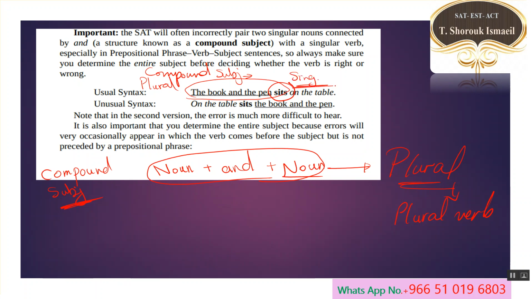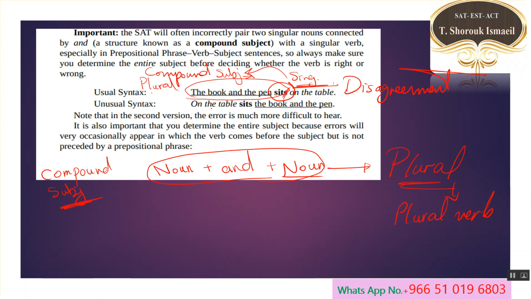Oh, there is a problem here. I cannot have a singular verb with a compound subject because it's plural. There is a disagreement here. How can I fix it? Okay, I need to make it drop the S.